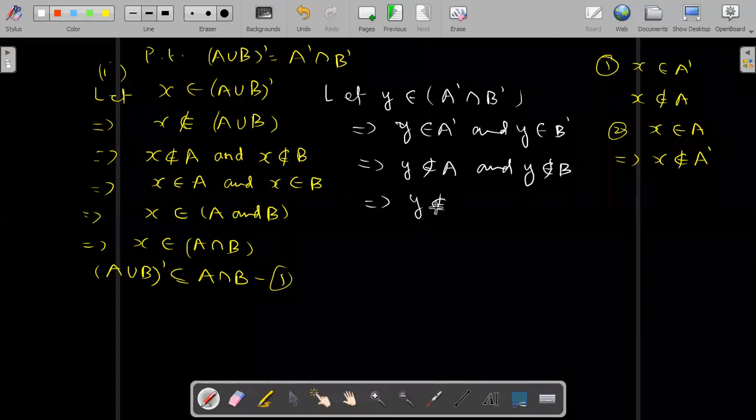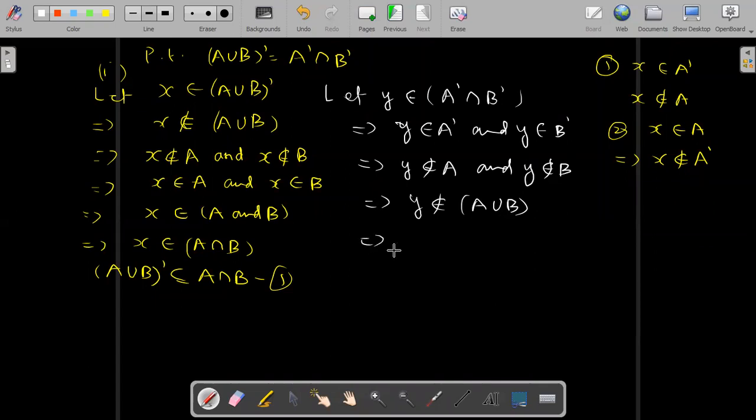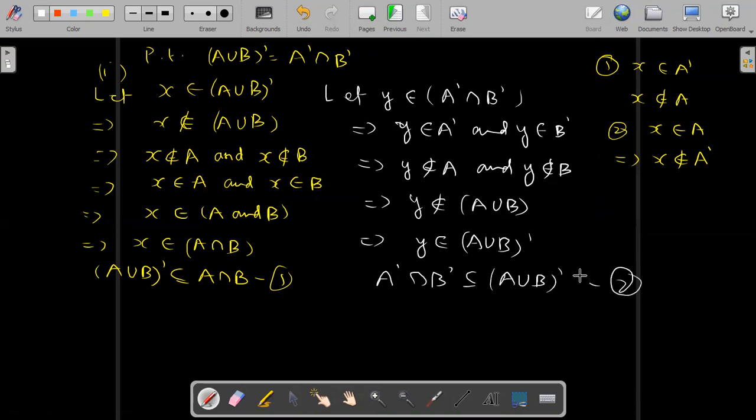So Y does not belong to A union B. When it is not belonging to A union B, it will belong to its complement. So Y belongs to A union B complement. So A complement intersection B complement is a subset of A union B complement. This is the second equation.